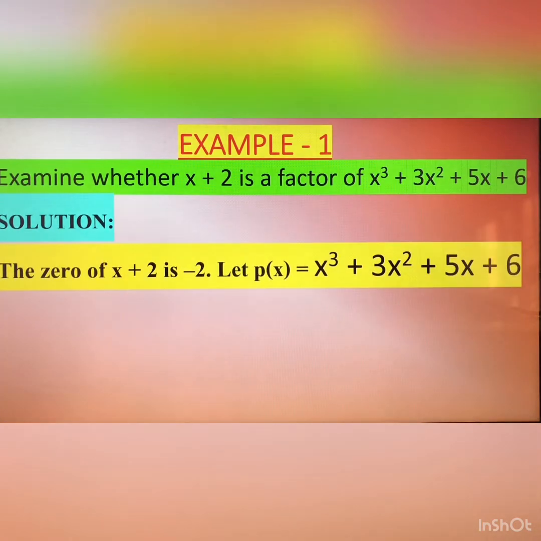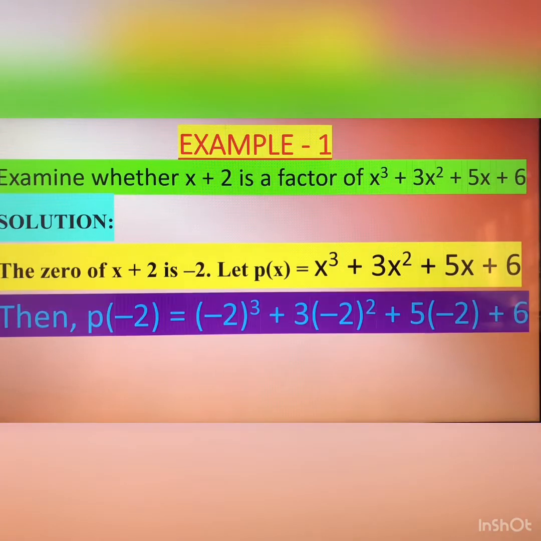The zero of x plus 2 is minus 2. How can you find minus 2? You put x plus 2 equal to 0 and transpose 2 to the right hand side, then you get minus 2. So let's put x equal to minus 2 in the given polynomial x cube plus 3x square plus 5x plus 6.